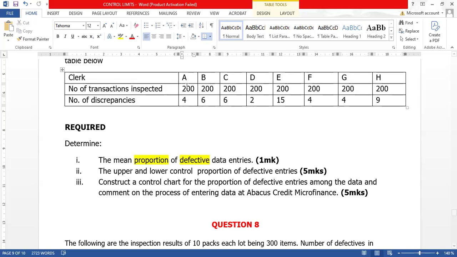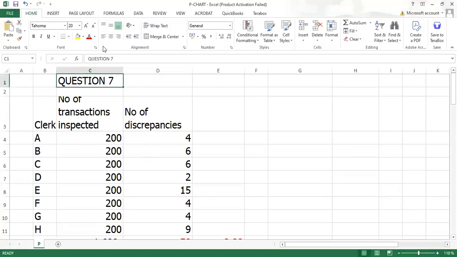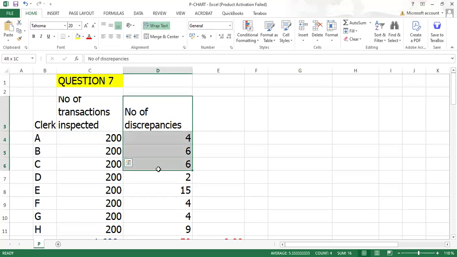So how are you going to get this? You're just going to make a table in your book. Let's start. You make this table and rearrange your data, the same way we arranged the data when we were looking for range and mean. We go from row to column. So you have the number of transactions inspected and the number of discrepancies.